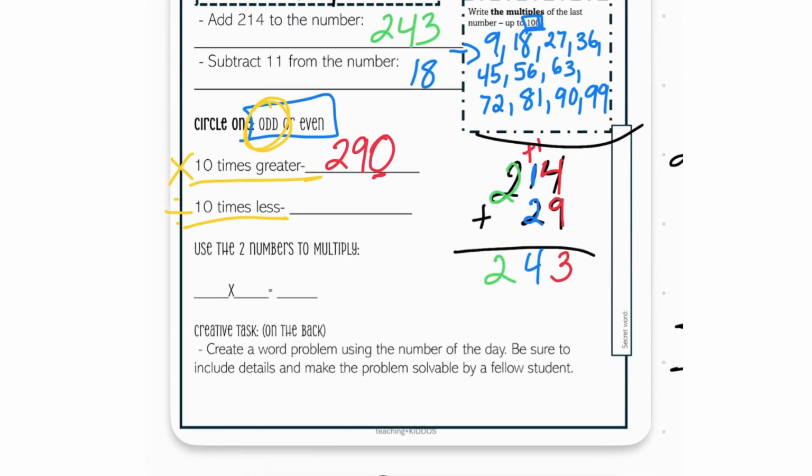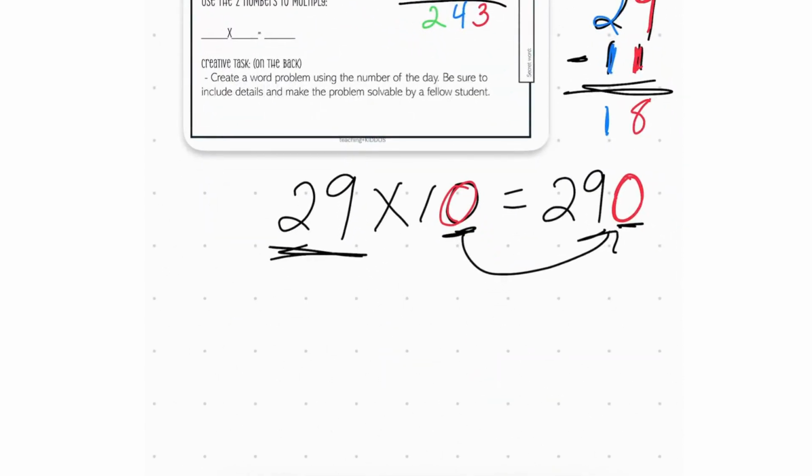Now, the opposite, 10 times less than 29. 10 times less means making the number smaller, so we use our division sign. Our number is going to have a decimal point here. To figure out how much smaller to make your number, check how many zeros there are.